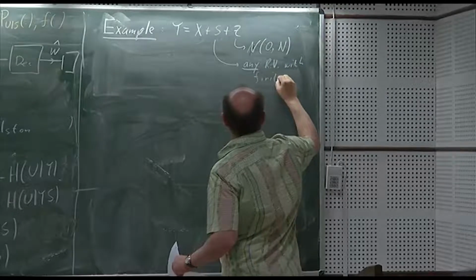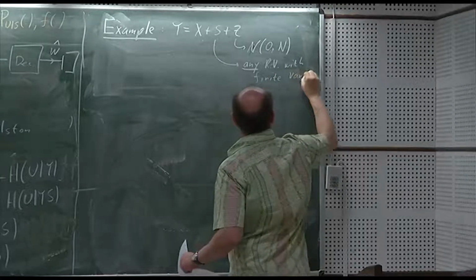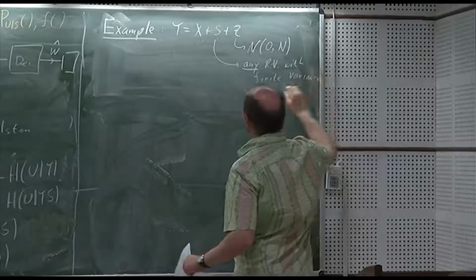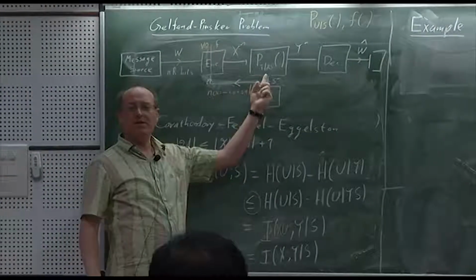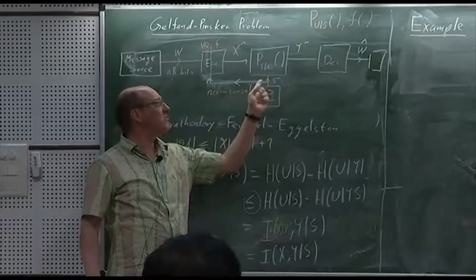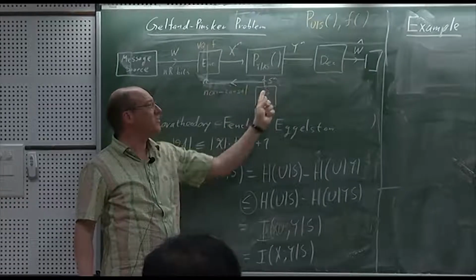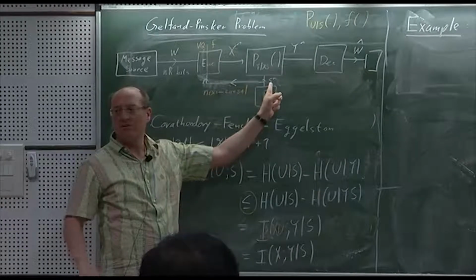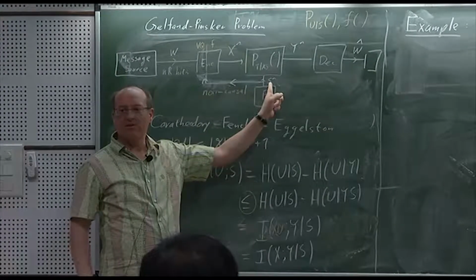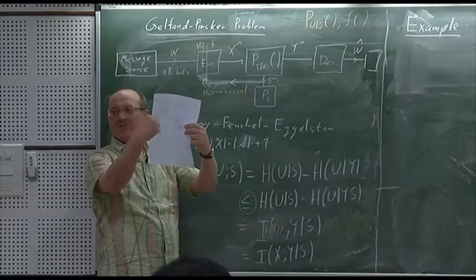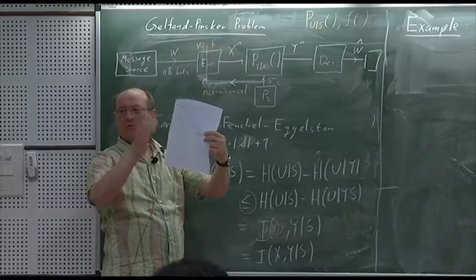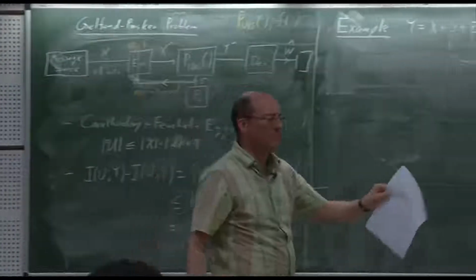In this example I'm assuming S is independent identically distributed, but it turns out all these results, what I'm about to develop for the Gaussian channel, will also be true for any statistics on S^n. So it could be any writing on the dirty paper. As long as there's Gaussian noise, I'll be able to do something interesting with this. Okay?